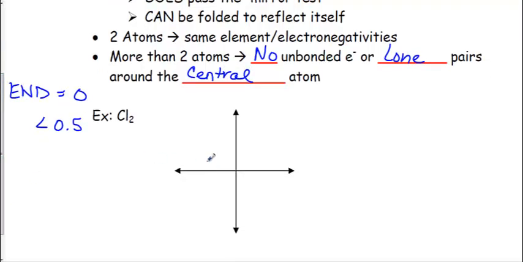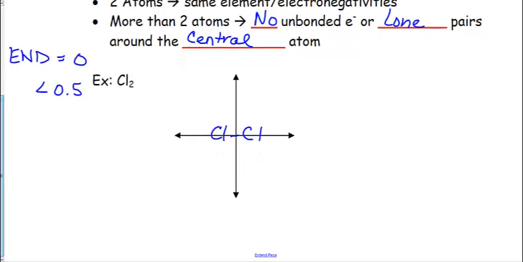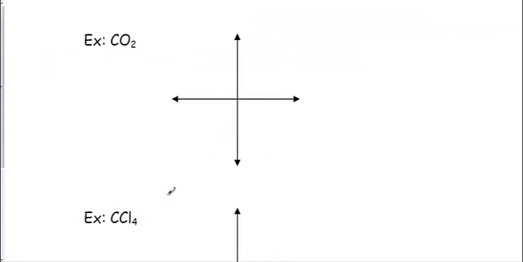Here's Cl2, two of the same atom, Cl bonded to Cl, okay? Symmetrical, flip it, it's the same on both sides. Chlorine is on both sides, mirror image. Next one, CO2. I'm going to draw that out for you, and carbon, double bond to oxygen. Now this is the thing.